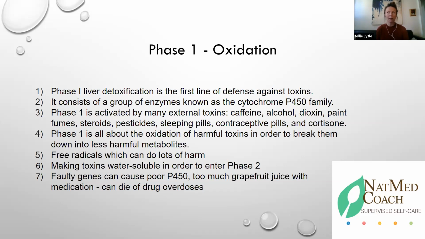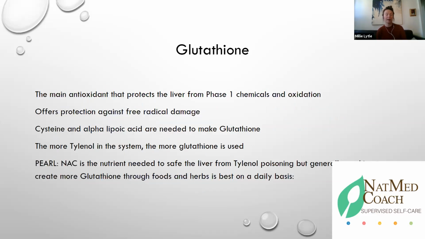And so the more toxins that we have coming in, by way of medications or pesticides or what have you, the more that our liver needs to produce an enzyme called glutathione, which is the universal antioxidant. And glutathione protects the liver cells.